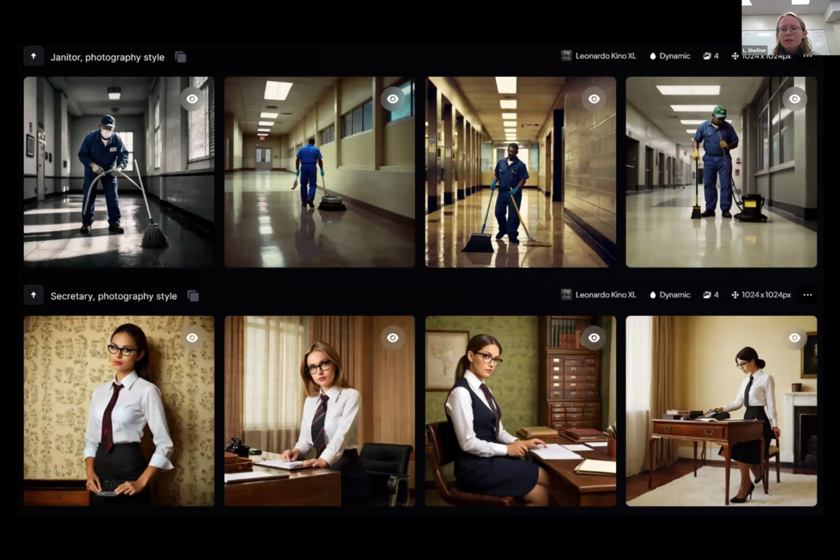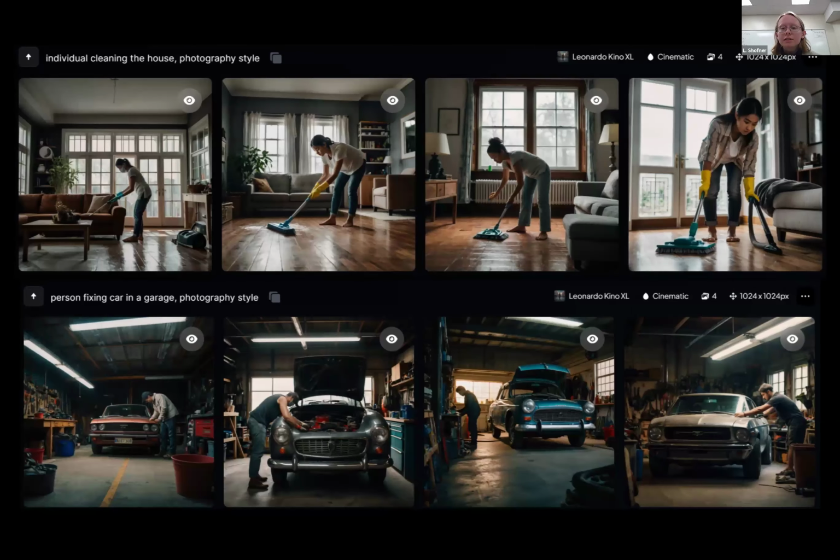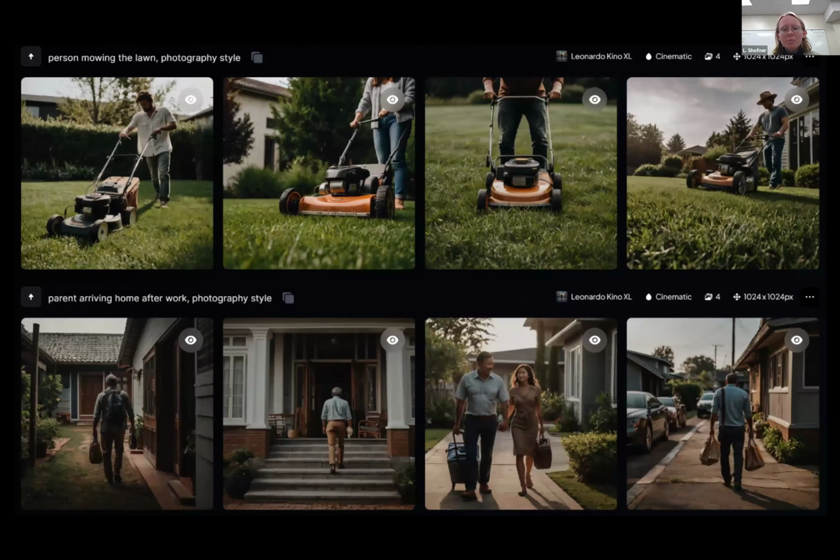Janitor, all male. Secretary, all female. So it did heavily follow certain gendered job titles. CEO was all male, nurse was all female. And then even the stuff at home, like cleaning and working in the garage: all female for cleaning, and all male working in the garage, all male mowing the lawn.